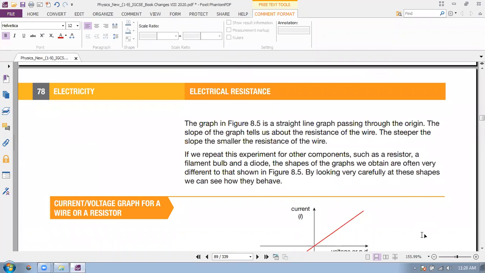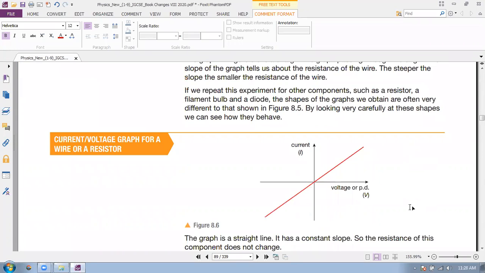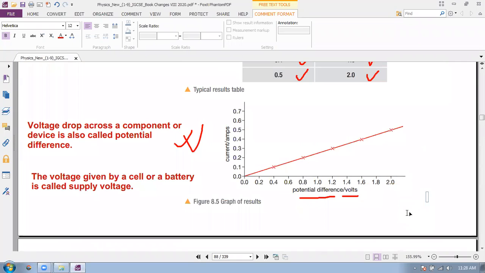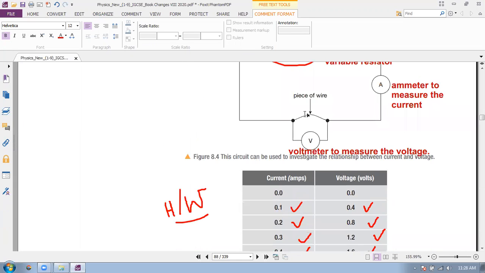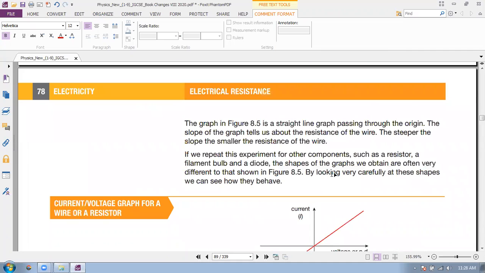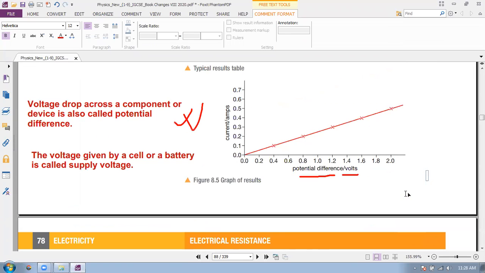So we came to know about electrical resistance. Now we also get introduced to the IV graph. This is the IV graph across a piece of wire. A straight line graph passing through the origin. And it shows that current and voltage are proportional, as a straight line graph through the origin.